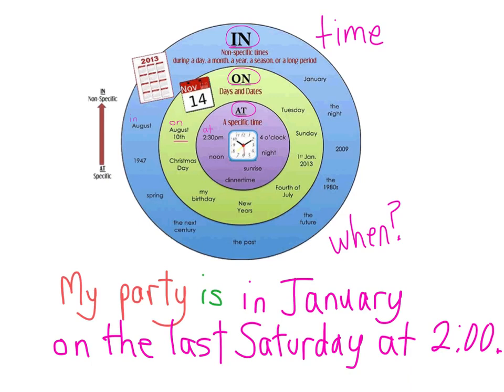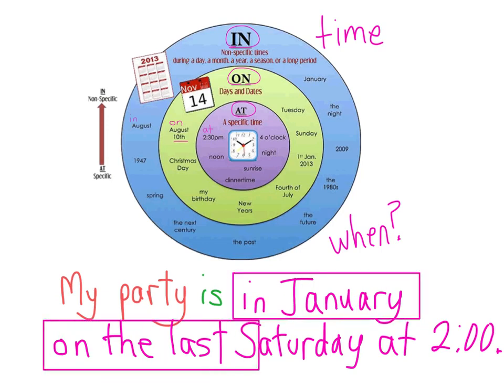So you can see here that I have three prepositional phrases. I have in January, I have on the last Saturday, and I have at 2:00. All three of those are answering the question when, but one I use in, one I use on, and one I use at.